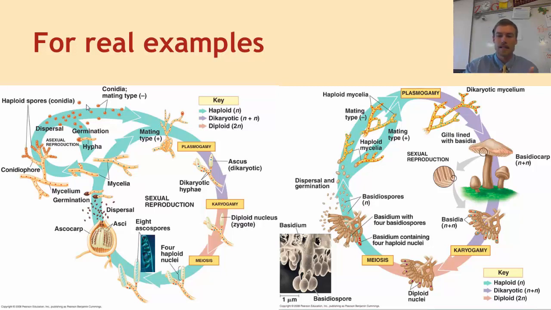The other type you can have is what is known as a basidiocarp. I'm sorry, a basidium, which in this case has a basidiocarp. Anyways, they have little gills, and inside those gills is where the zygote is being produced. The zygote is then released, goes through the process of meiosis, and then the spores are released. They form the mycelia. Mycelia again produce the plus and minus.